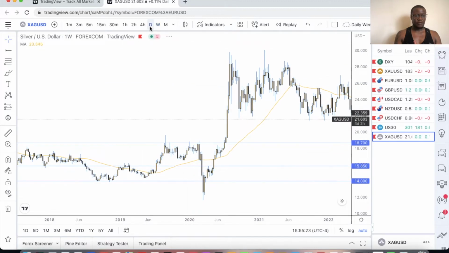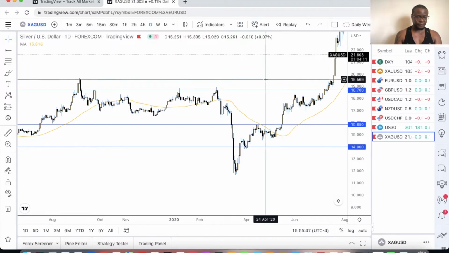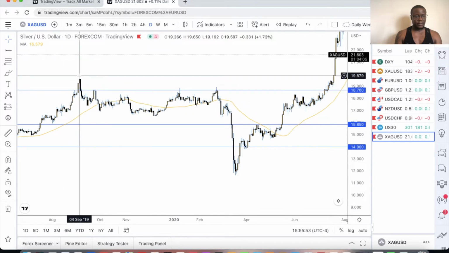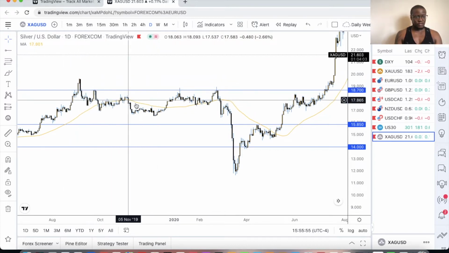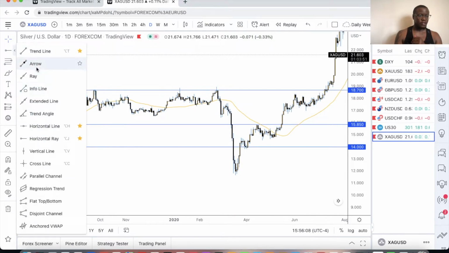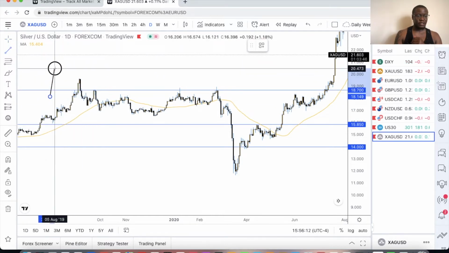So let me break this down even further on the daily chart. As you can see, this level was tested quite a few times, right? It broke out, but then it came back down. The way to know if a level is being broken, you'll know for sure when you see the price just go through like this, like pretty much break it.